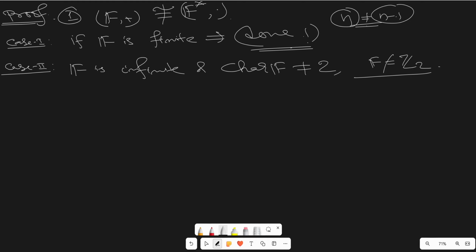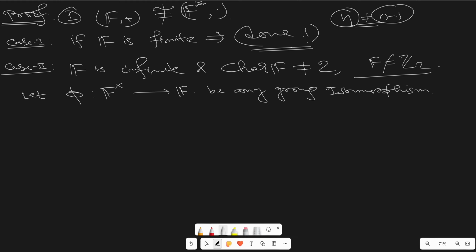So let me define phi as a map from F star, the set of all units, to F. Suppose they are isomorphic as a group, and let phi be any group isomorphism, suppose there exists one.